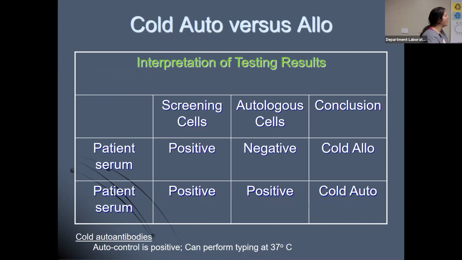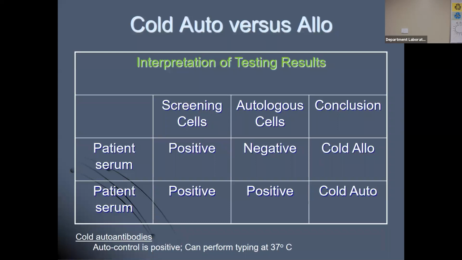When we talk about auto control, what you could do is you could take your patient plasma, mix it with screening cells. Okay, that could be screening cells 1 and 2. You could also take patient cells mixed with patient plasma. That's your auto control. If your screening cells 1 and 2 are positive, but your auto control is negative, that lets you know that you're dealing with an alloantibody.